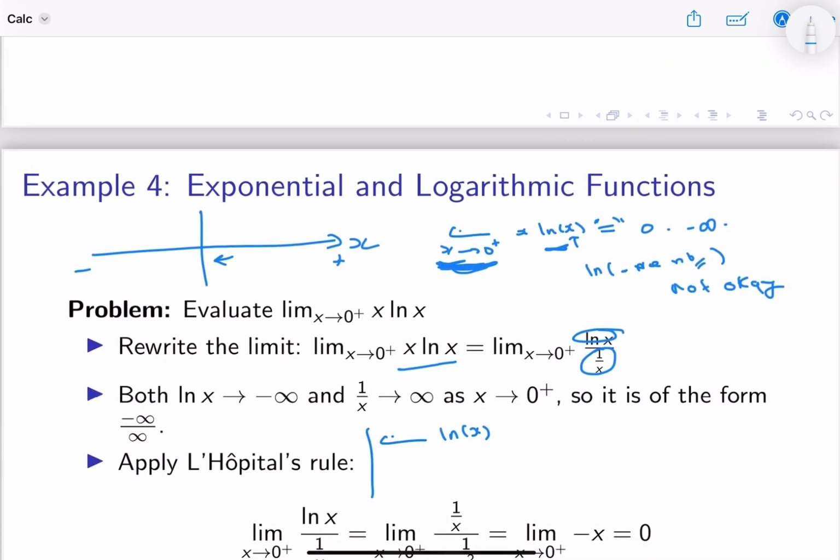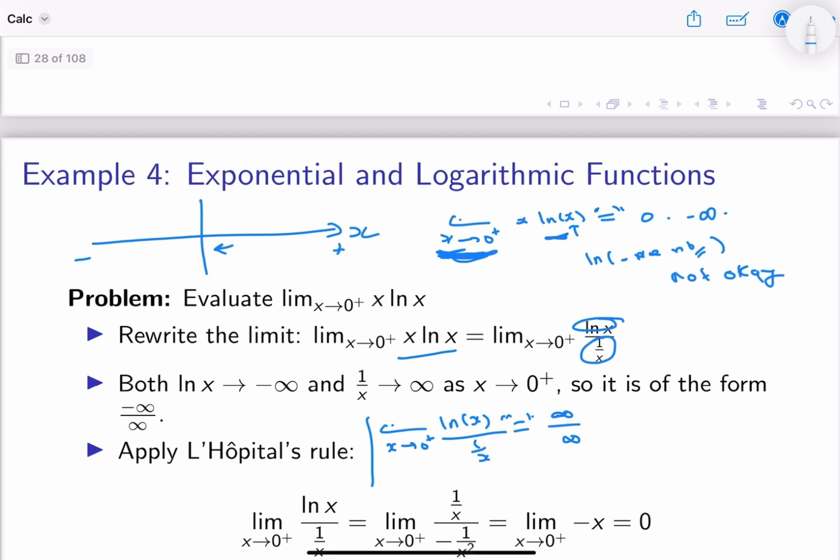So we agreed the limit we're interested in is the same as this limit. And the first thing to try is to quote-unquote plug x in its value, and this is going to be negative infinity over 1 over 0, which is infinity, and thus this has the desired form, and we can apply L'Hopital's rule to it. If we apply L'Hopital's rule, what do we get?